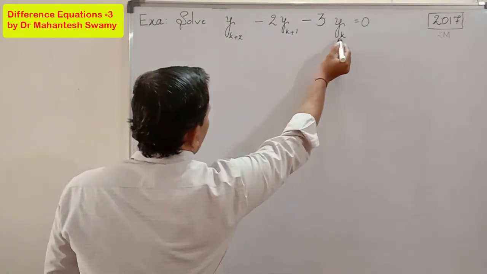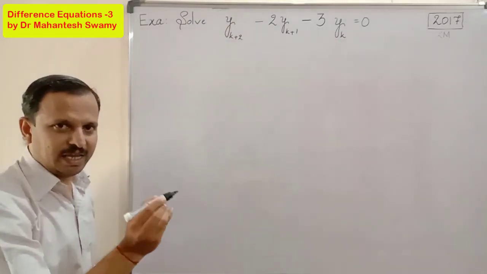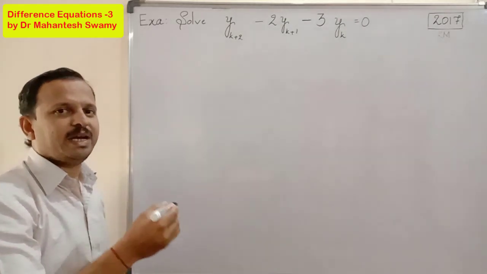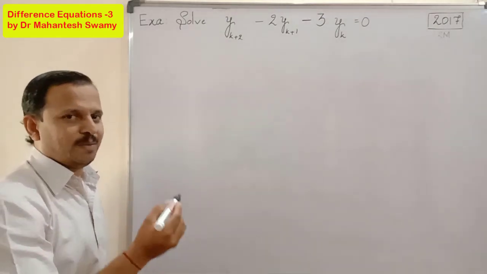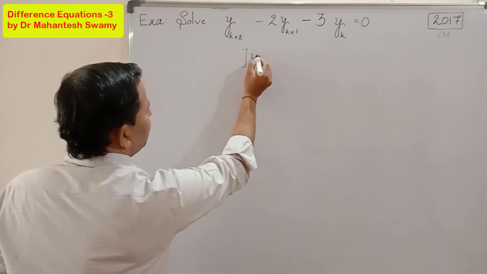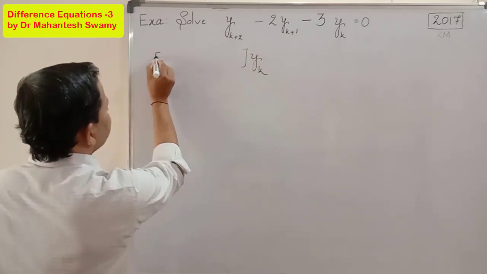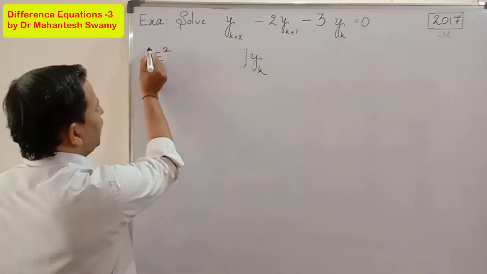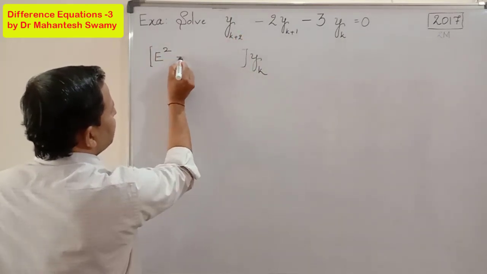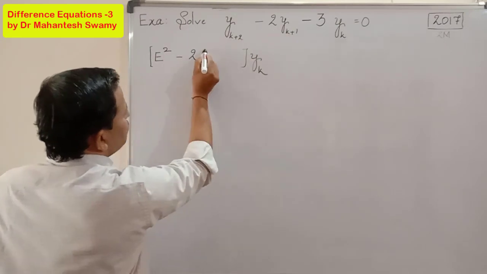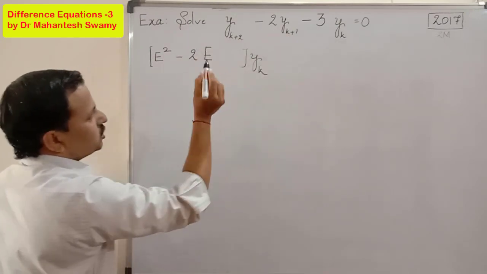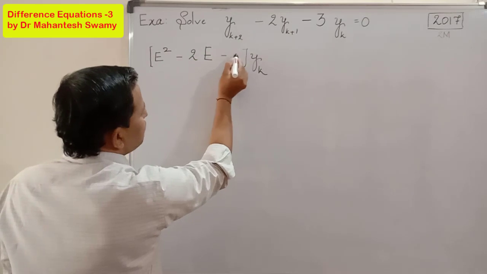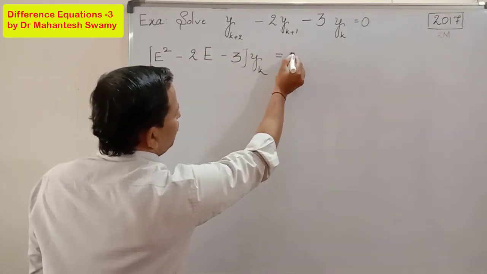If on y_k we apply the shift operator E, it gives us one jump, that is y_{k+1}. If the shift operator is operated 2 times, it gives us y_{k+2}. Therefore E squared of y_k is y_{k+2}. So y_{k+2} has been written as E squared of y_k, minus 2 into E of y_k, because E of y_k is y_{k+1}, minus 3 as it is. On the RHS, 0 as it is.